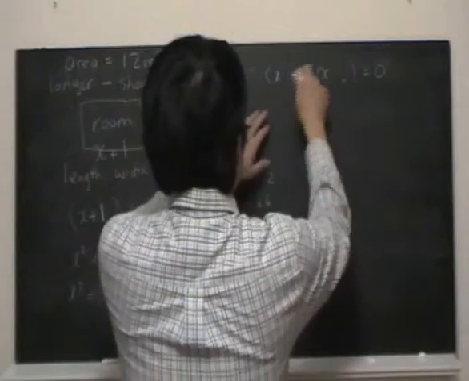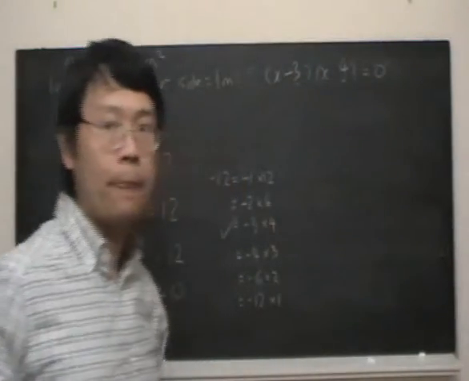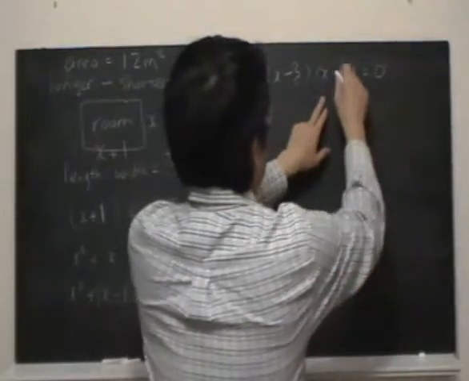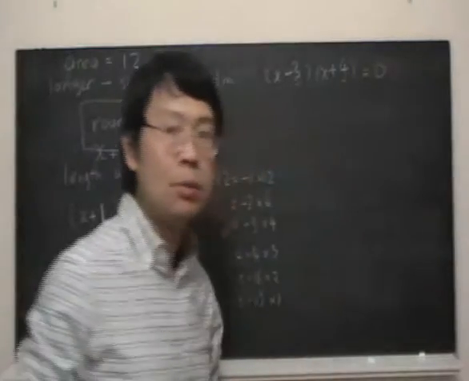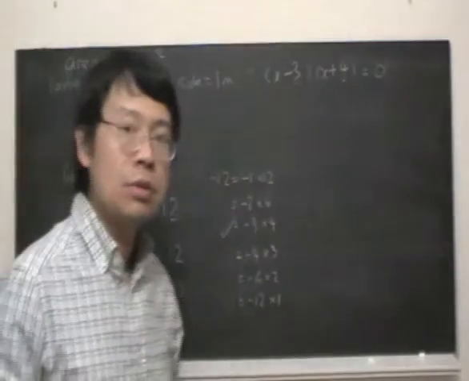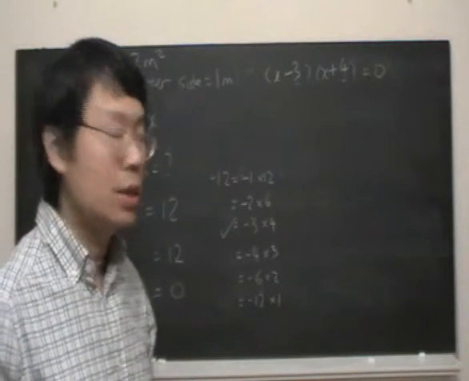Let's fill in the blanks, which are minus 3 and 4. And these should be added to the x, so I should have a plus sign there. Now we are nearly there.